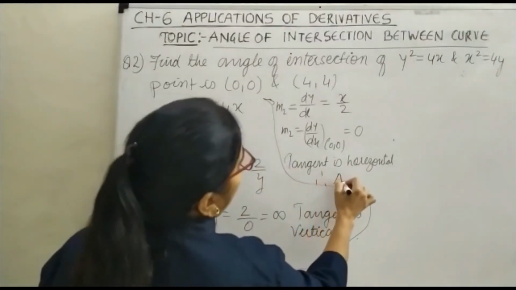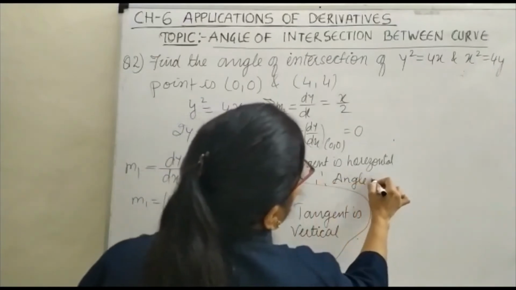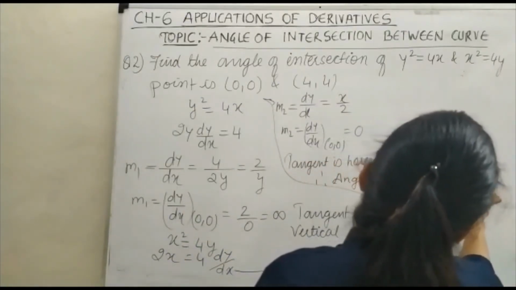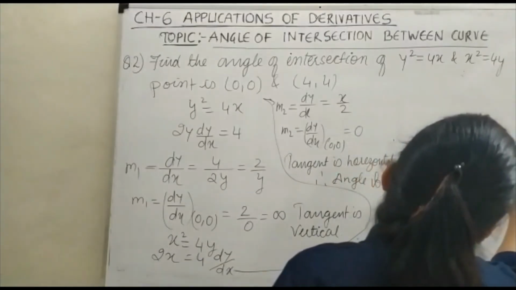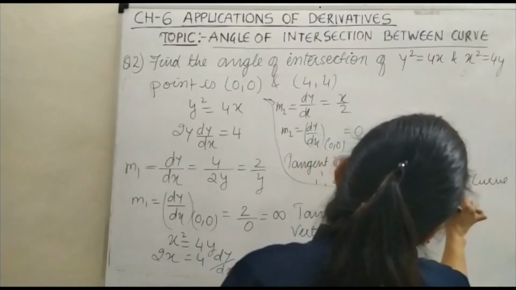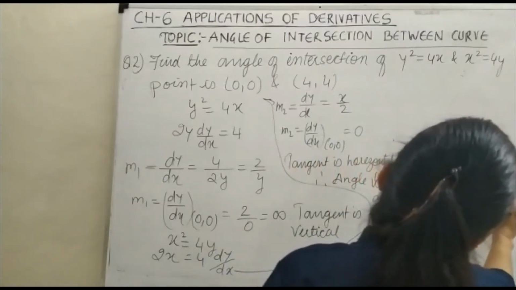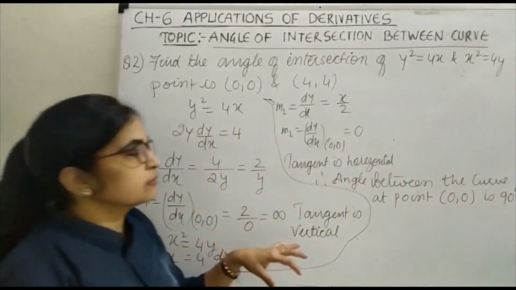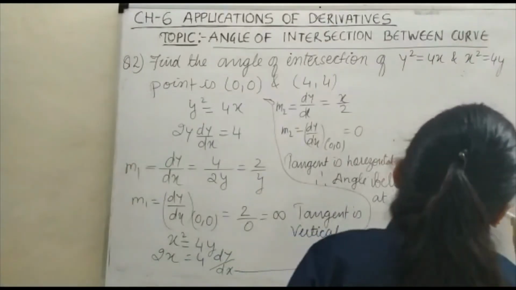Therefore the angle between the curves at point 0, 0 is 90 degree.